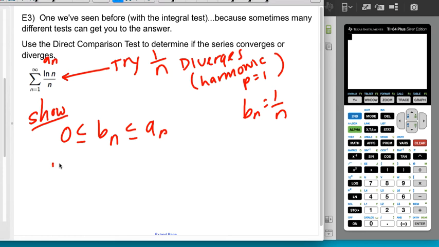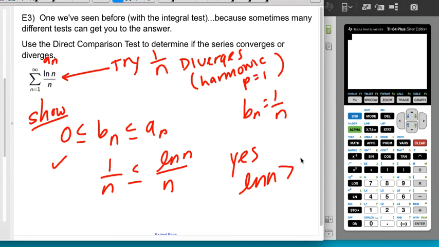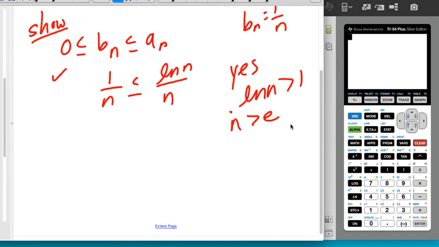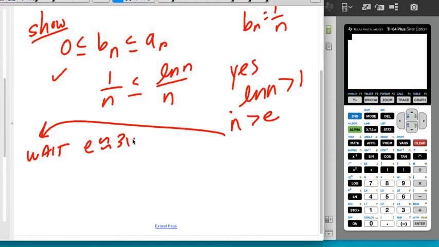Well, I know that they're all positive, so the question is, is natural log of n over n bigger than 1 over n? Well, the answer is yes, because natural log of n is definitely greater than 1 for any n values greater than e. Now, you might say, okay, Hogan, wait, e is like 3-ish, and we're starting at n is 1.